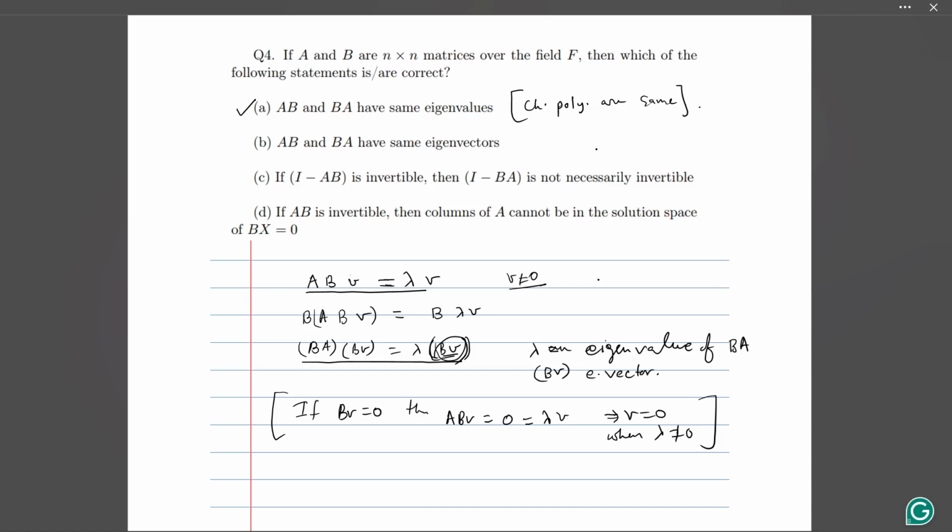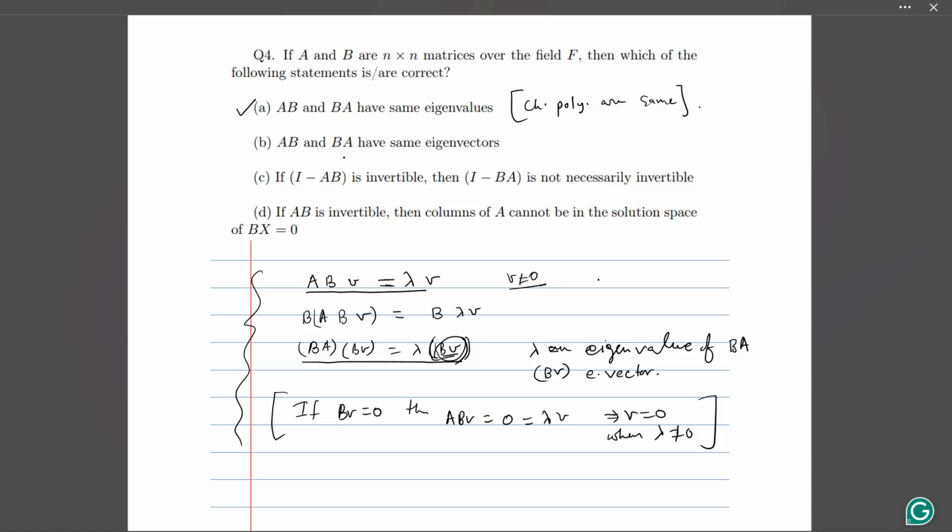Math Stack Exchange is a website where it was asked, and this was because the characteristic polynomials are the same. This was one way, and this is the other way. When lambda is non-zero, the non-zero eigenvalues of BA and AB are matching. This is the result. What about zero? This is not proved here.